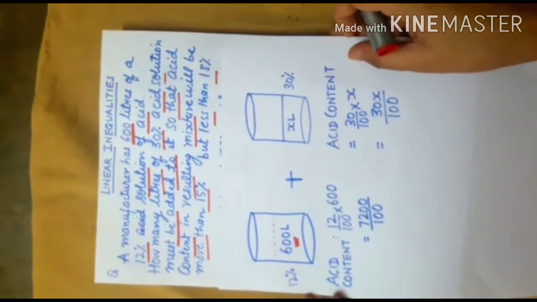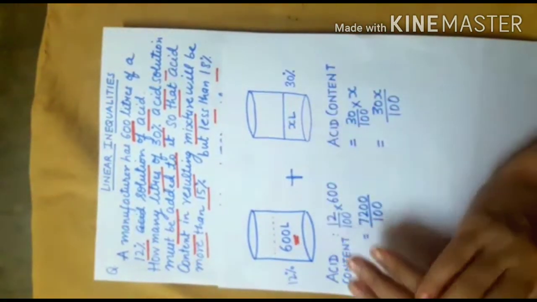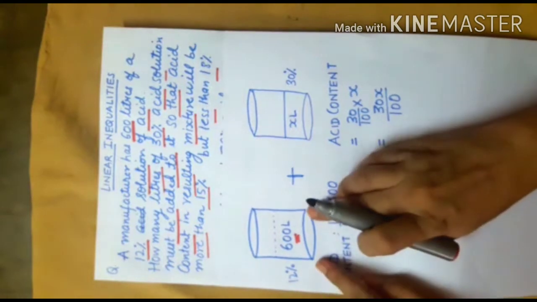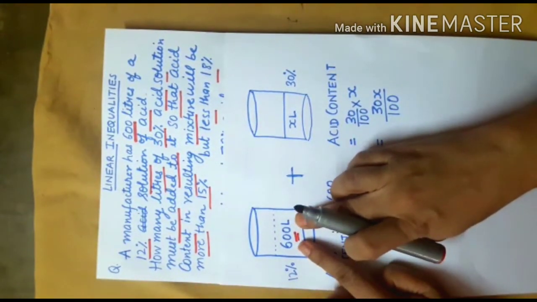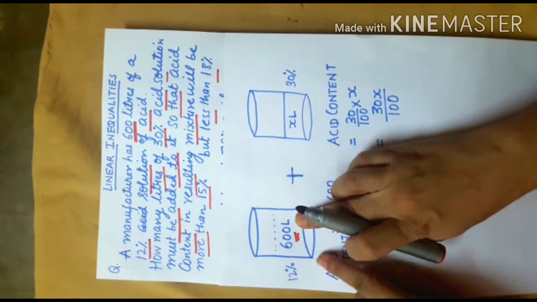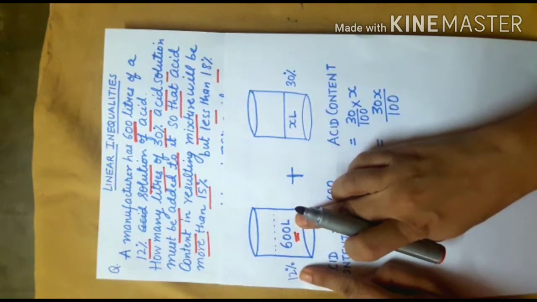Yes, let's try to understand the question. A person has 600 liters of solution of acid with concentration 12%.